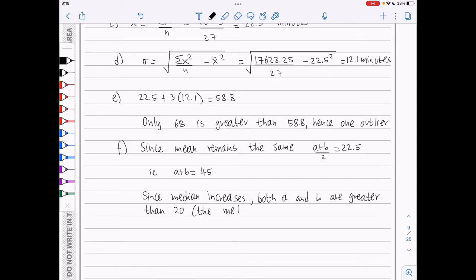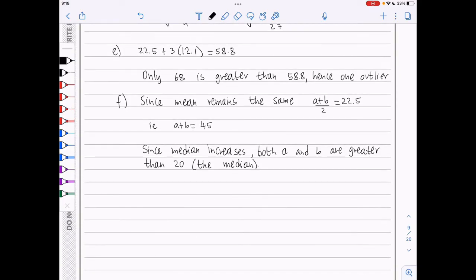So we need two values that add up to 45, both of them being greater than 20, and we have A to be greater than B, so I could say A is 23 and B is 22. Obviously, I could also say 24 and 21, and those would also be suitable answers.